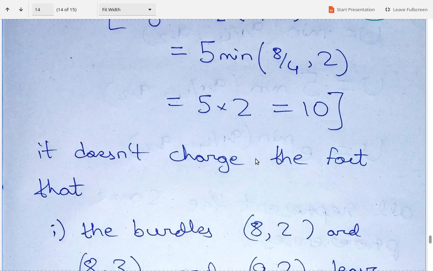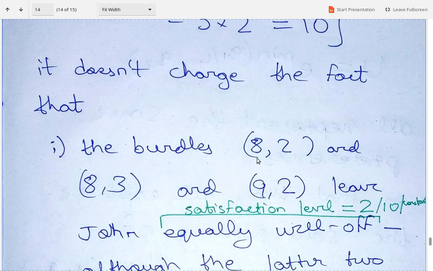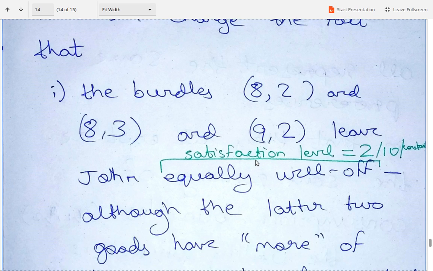It doesn't change the fact that the bundles (8, 2), (8, 3) and (9, 2) leave John equally well off, no matter the utility function, whether it was the original one, minimum of q1/4 and q2, or u2, 5 times the minimum of q1/4 and q2, or u3.